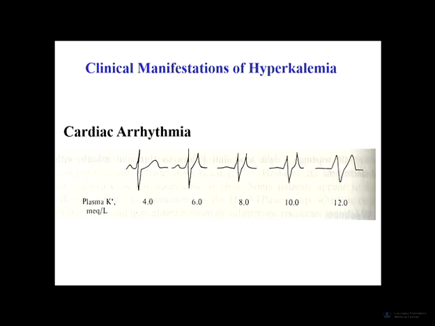So always look for the T waves, and it's like an easy way of measuring the plasma potassium by just looking at the T waves. And if the T waves are not peaked, you don't have to completely get agitated, because whatever has happened, maybe the intracellular potassium has also gone up. That doesn't mean you don't have to treat it, but you don't have to treat it within 2 seconds.